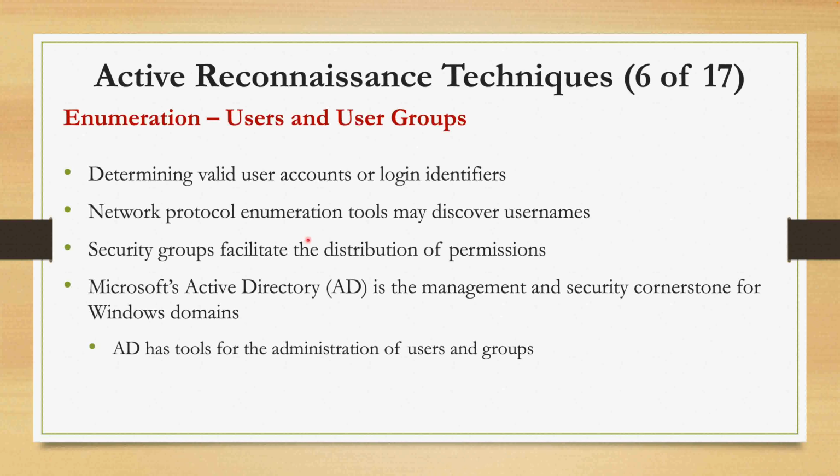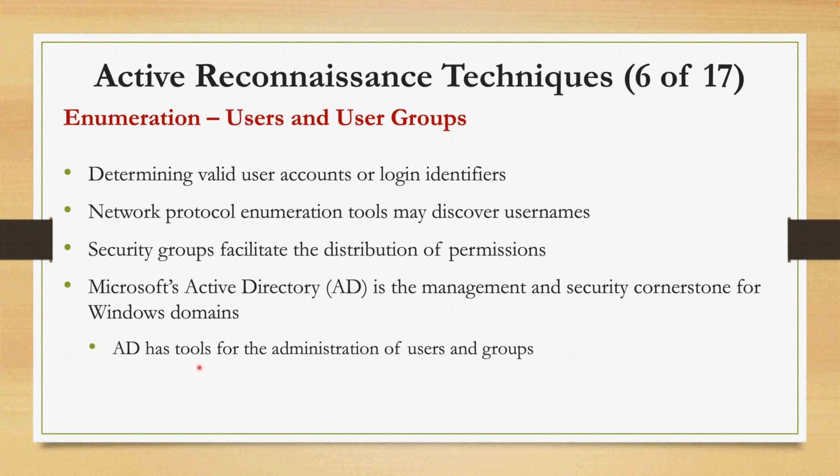usernames here. Now, when it comes to Active Directory by Windows, users and groups are centrally managed here, and of course security group creation and permission assignment are all centrally managed too. However, there are so many tools out there that can help you enumerate an Active Directory environment.